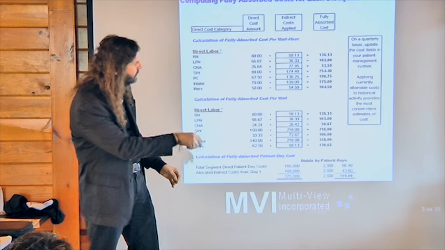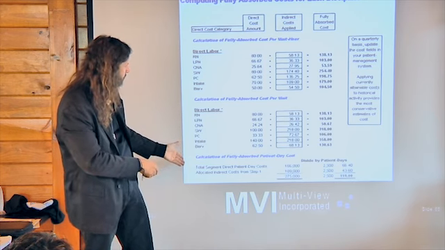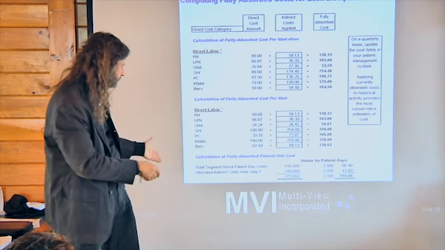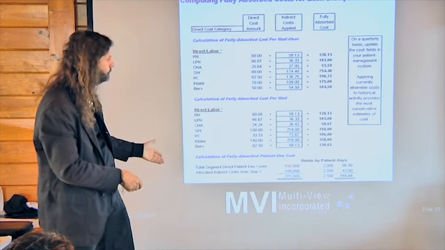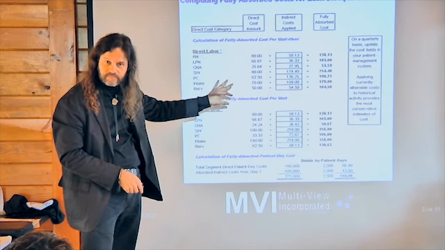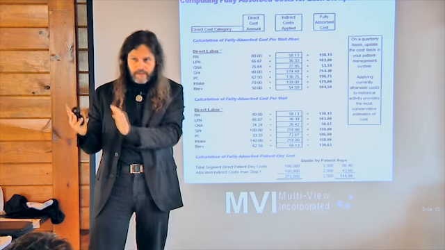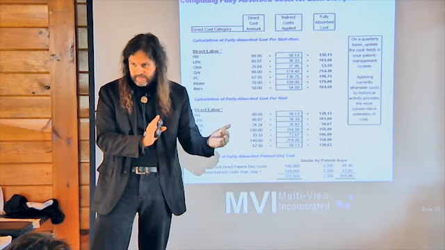We add those together and get this amount. For the patient day, we can get a good estimate just by dividing those costs. Is this clear? We're just taking the direct costs and the allocated costs and putting them together.